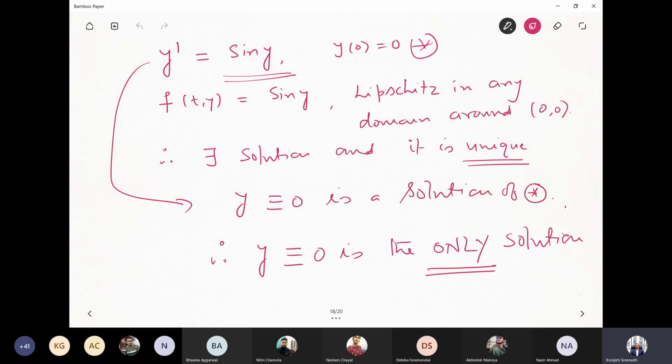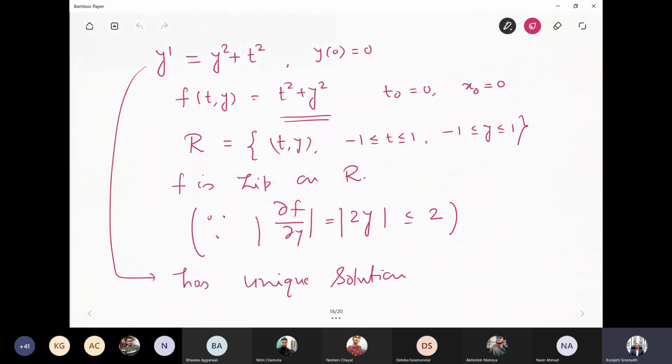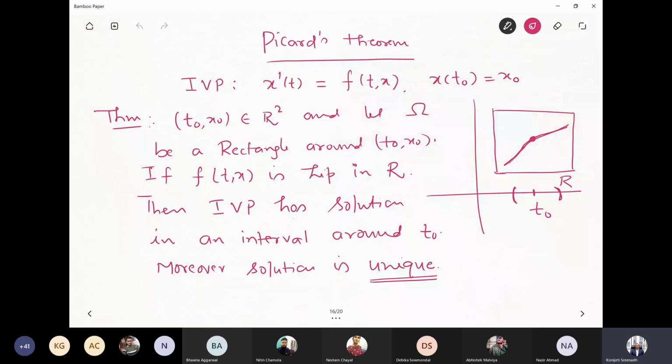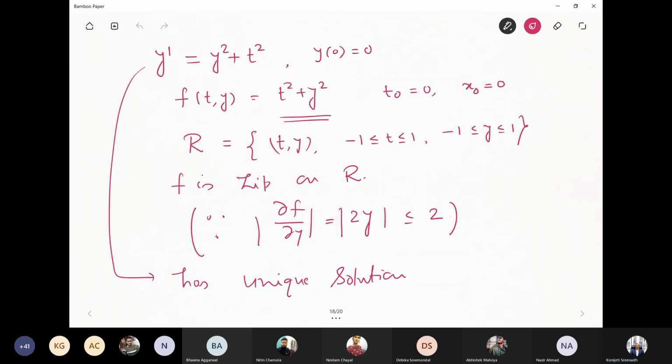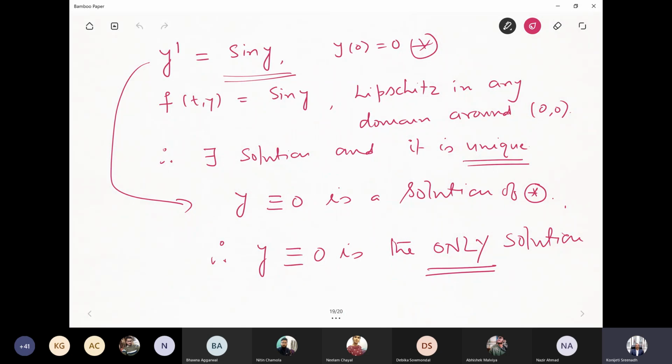Okay, so let's go back to our Picard's theorem. This is what Picard's theorem says. Let us try to give a proof of this. I said previously, what is an equivalent integral equation?